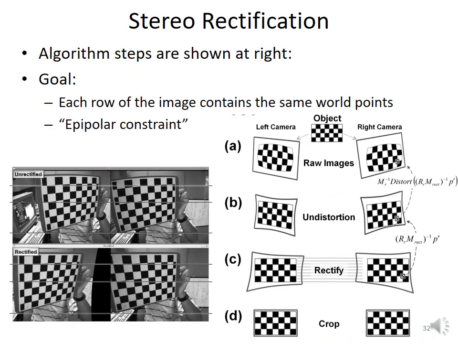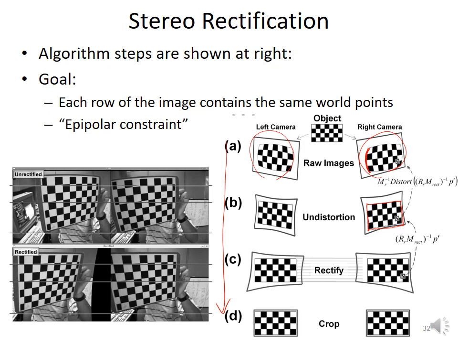The stereo rectification algorithm steps are shown at right. First, camera calibration for each camera is performed to get the undistorted image. The left camera and the right camera should each be calibrated, and the distorted lines should be straightened. This is the undistorted image. Then rectify.